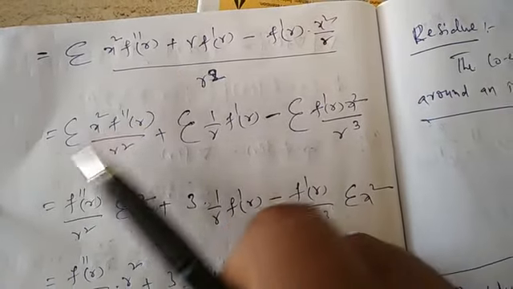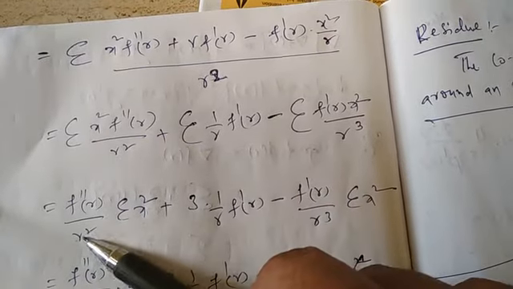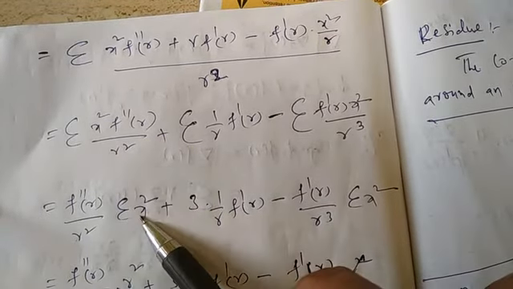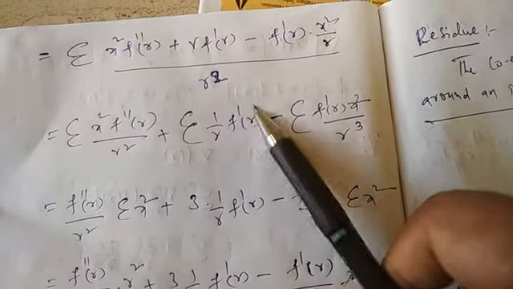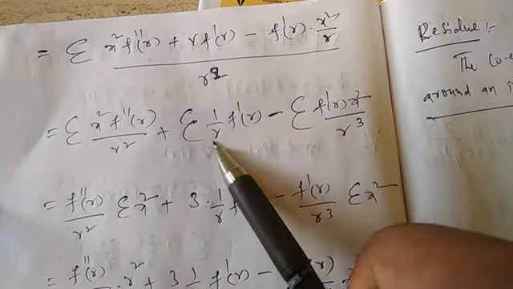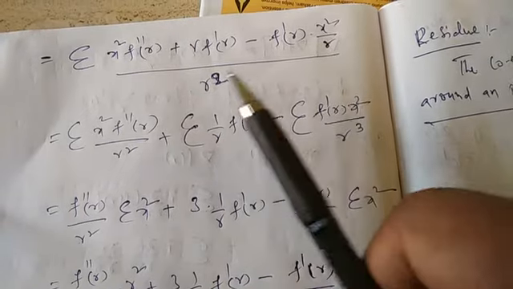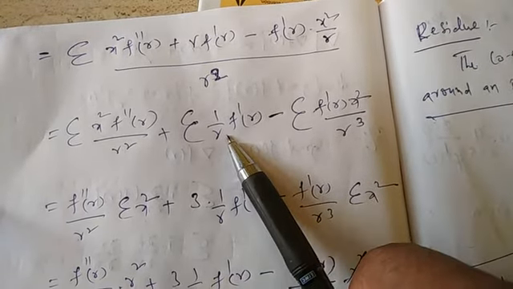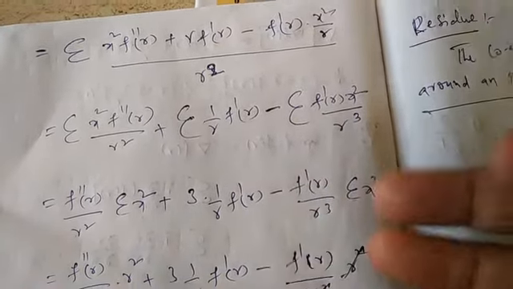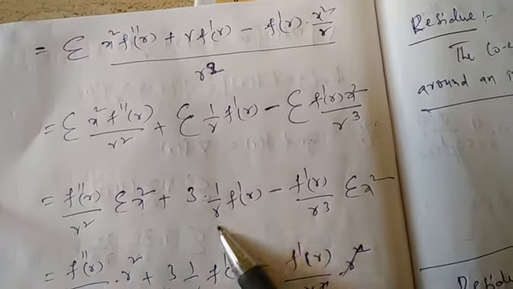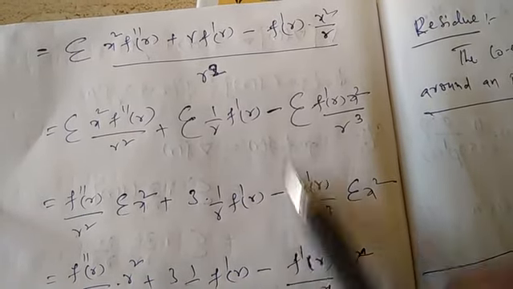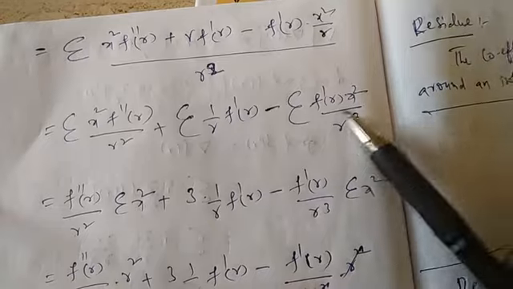Okay, now f''(r)/r² common, and Σ x² here. We don't have an x here, but the same term we have for x, for y, and for z. That's why we have the same terms 3 times, right? That's why 3·(1/r) f'(r) − f'(r)/r³ into Σ x².